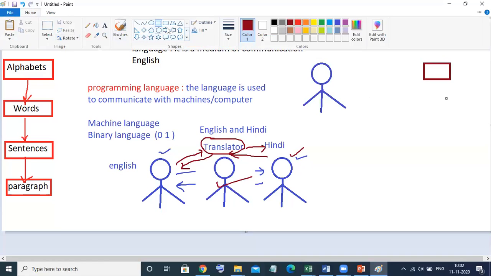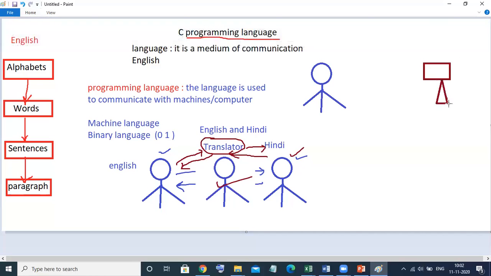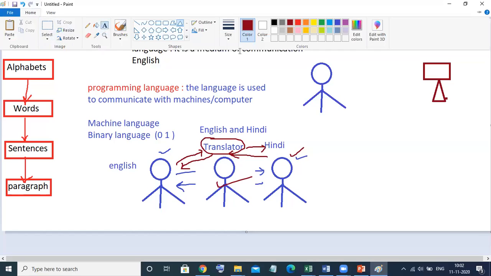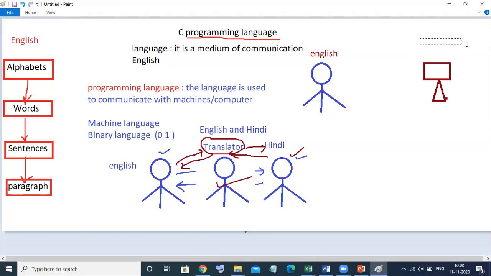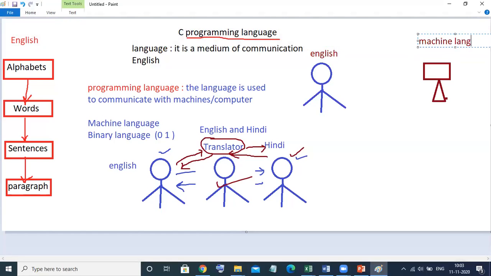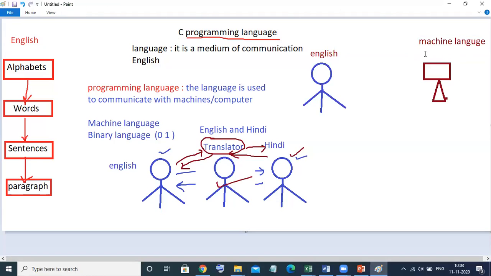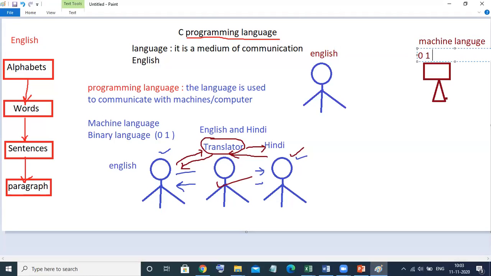I'm drawing something so that you can easily understand. I know only English and want to communicate in English, but the machine can understand only machine language. Machine language means the language written using 0 and 1 only. So here also we require one translator.